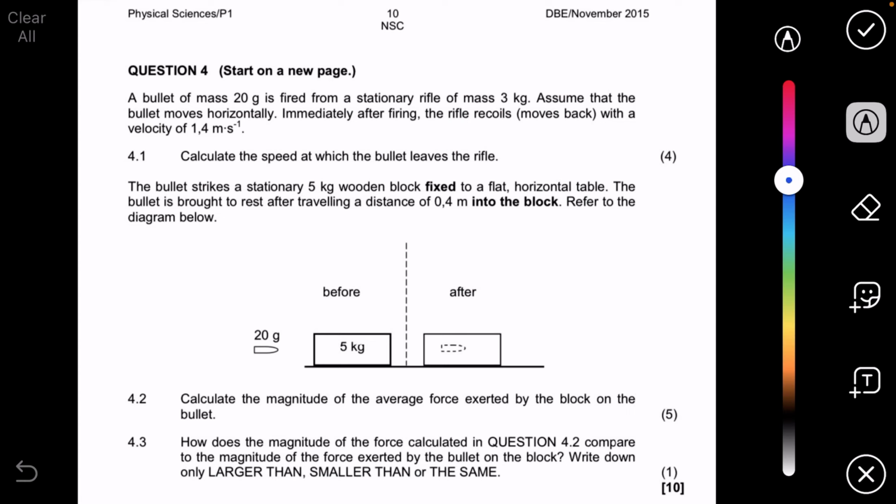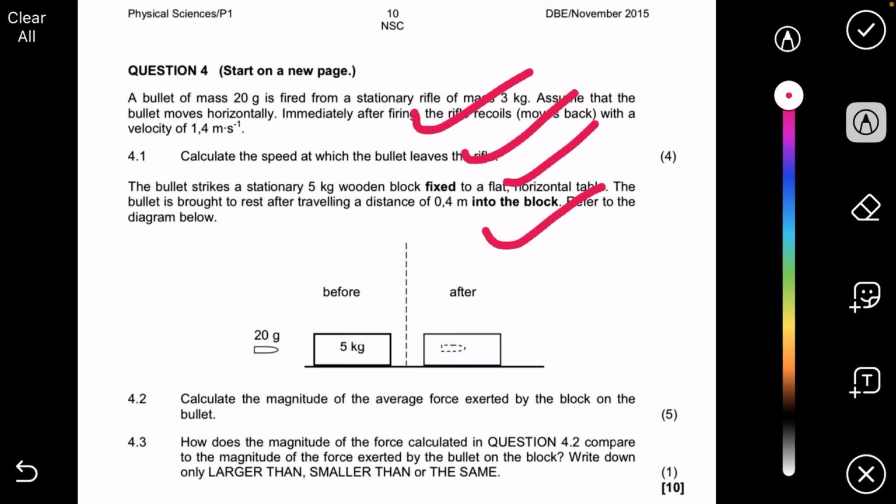Obviously, by performing all of those calculations, you get some marks for identifying the correct formula, substitution, and an answer. Or, if not for identifying the formula, then for correct substitution into the correct formula, and finally for giving the correct answer. And most importantly, calculate the magnitude of the average force.